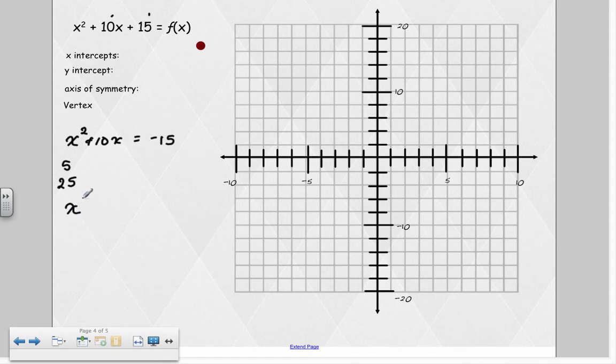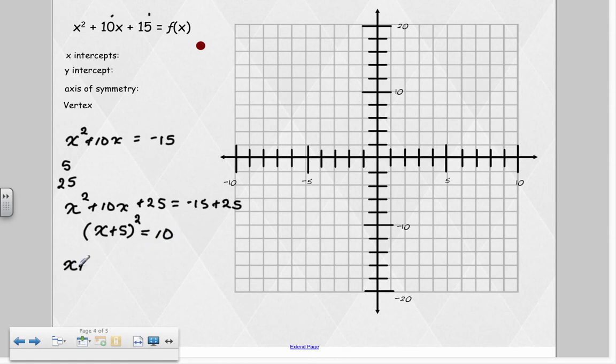So over here I have x² + 10x, and then I add that 25 to both sides so I can make a perfect square and balance my equation. I rewrite this quadratic over here as a perfectly squared binomial. Add that together and I get 10.